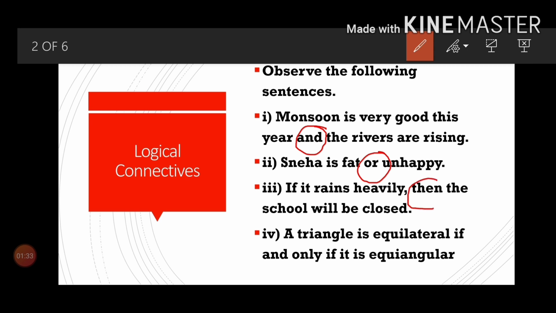Here 'then' is the third connective. Example 4, a triangle is equilateral if and only if. 'If and only if' is the fourth connective. So and, or, then, and if and only if are connectives.